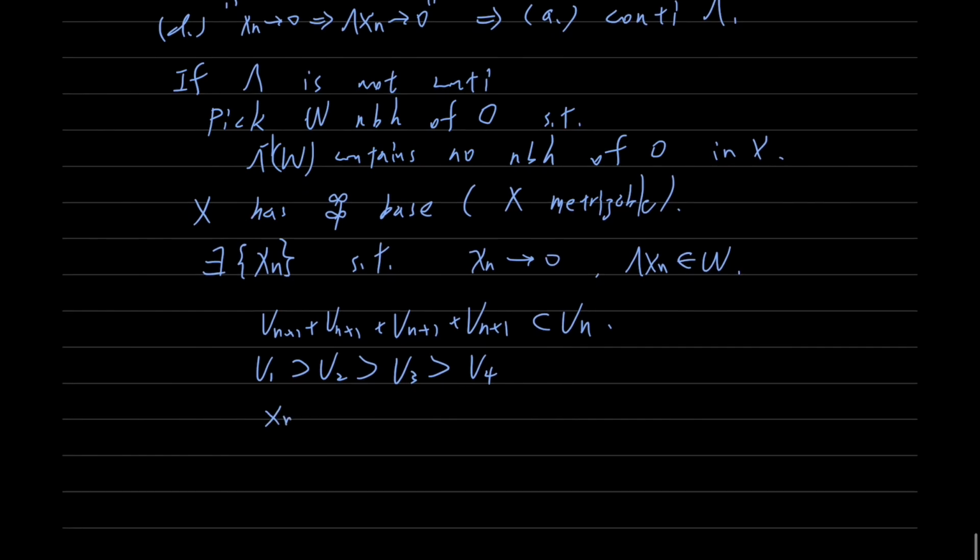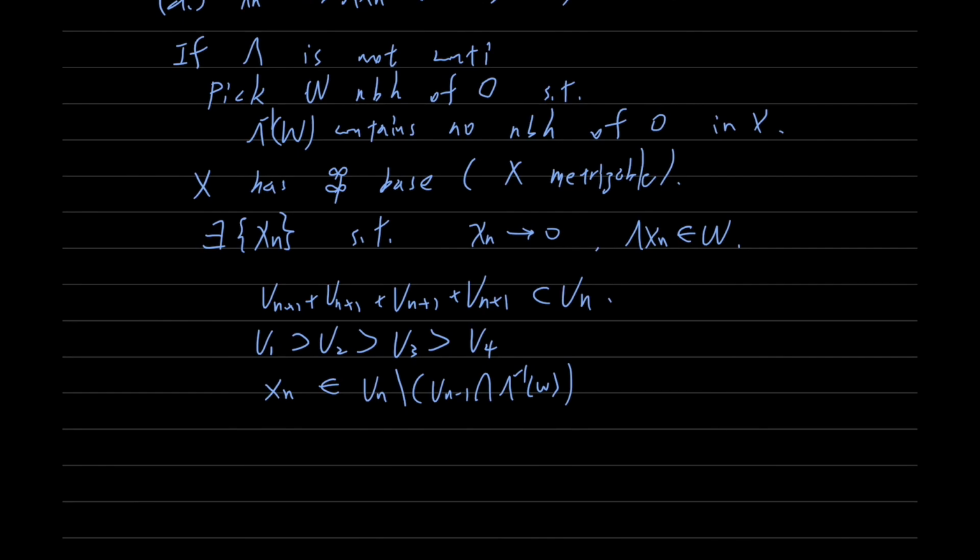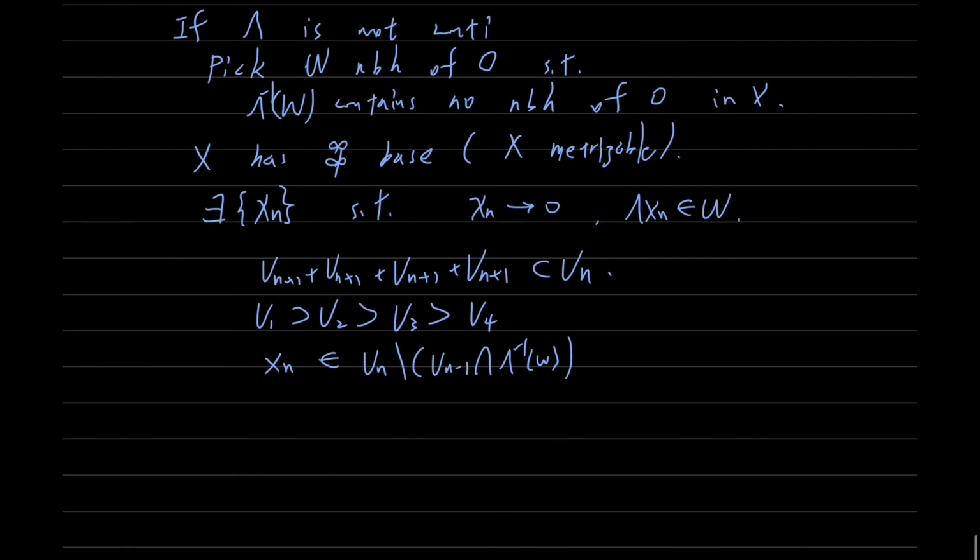So what we do, we just pick xn to be a member of Vn minus Vn minus 1 and the inverse image of W. Then we will find the sequence xn will eventually converge to 0. So this proves the theorem.